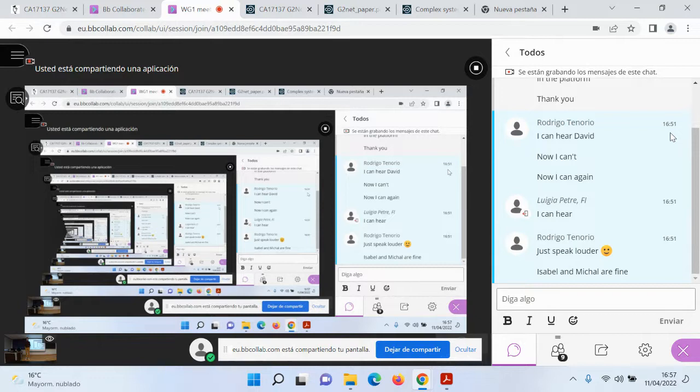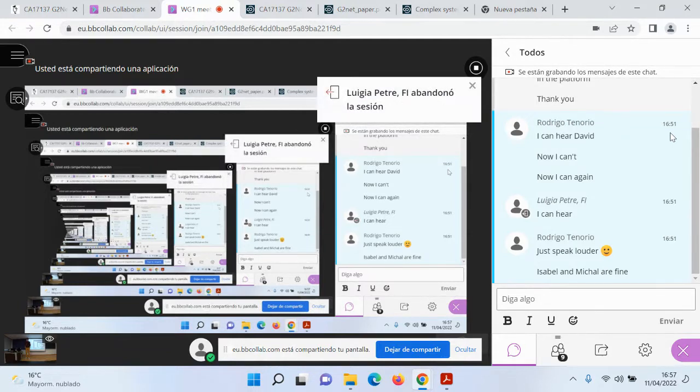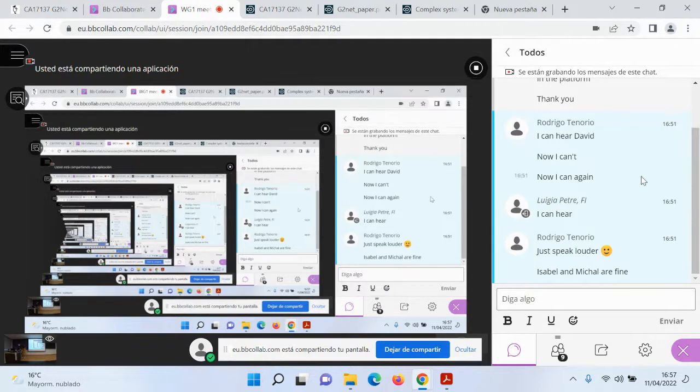But that doesn't mean that the other groups cannot contribute equally, even if they have fewer papers. We can provide this picture somehow. So I would like to know your opinion about that.